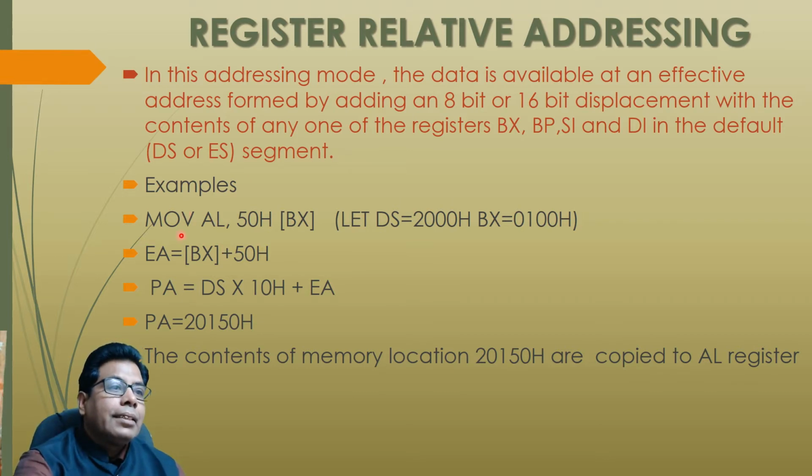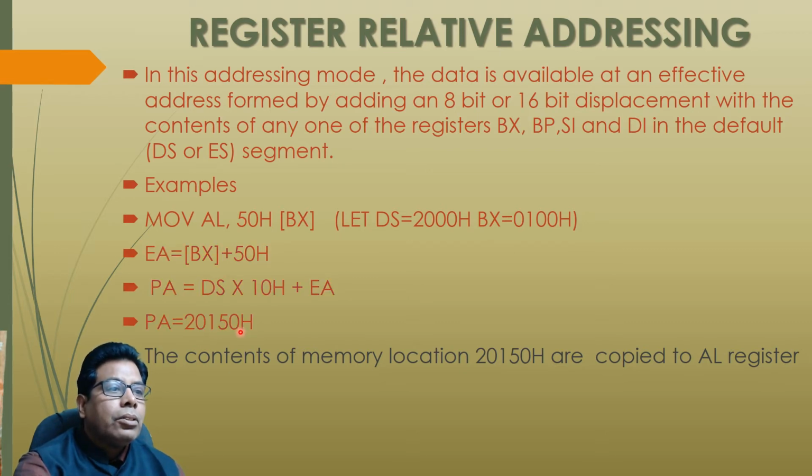Now let us take an example. Move AL, 50 BX. Now here the base register is taken. Let DS is equal to 2000H and BX is equal to 0100H. So effective address will be BX contents plus 50H, that will be 0150, and then physical address when you are calculating, so DS multiplied by 10H plus EA, that is going to give you 20150.